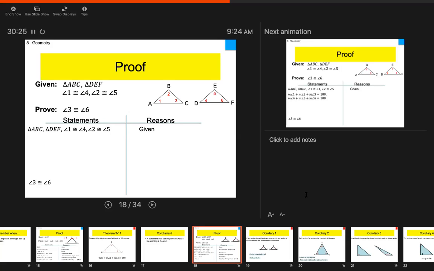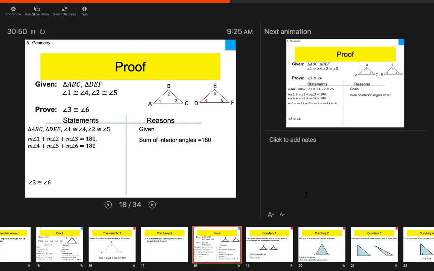And we would just say the measure of angle 1, and then we could say the same thing for this triangle as well too. So because of theorem, whatever it was, right? We can say those statements right there, and that's theorem 3. Was it 11? 11. You already forgot it? I know, because I'm not going to remember it. I'm just going to say the sum of the interior angles of a triangle is 180. I'm not even going to try to remember the numbers. That's just way too confusing.